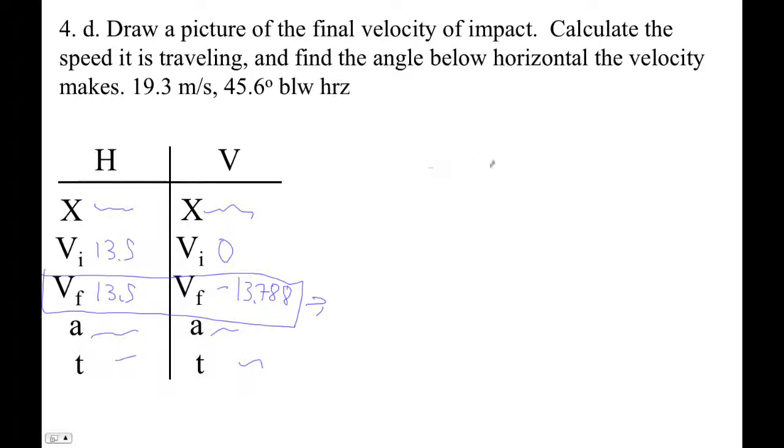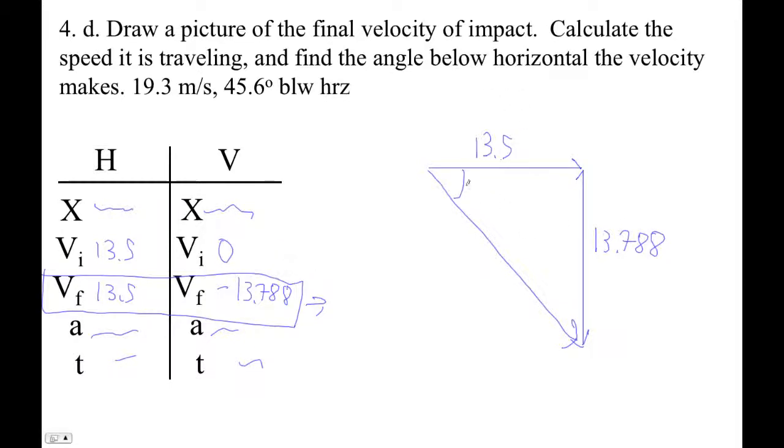So let's do that. The 13.7 is slightly bigger. I'm going to draw it like it's noticeably bigger, right? So this angle is going to be slightly bigger than 45 degrees, but not much. So this side is 13.5. This side is 13.788.